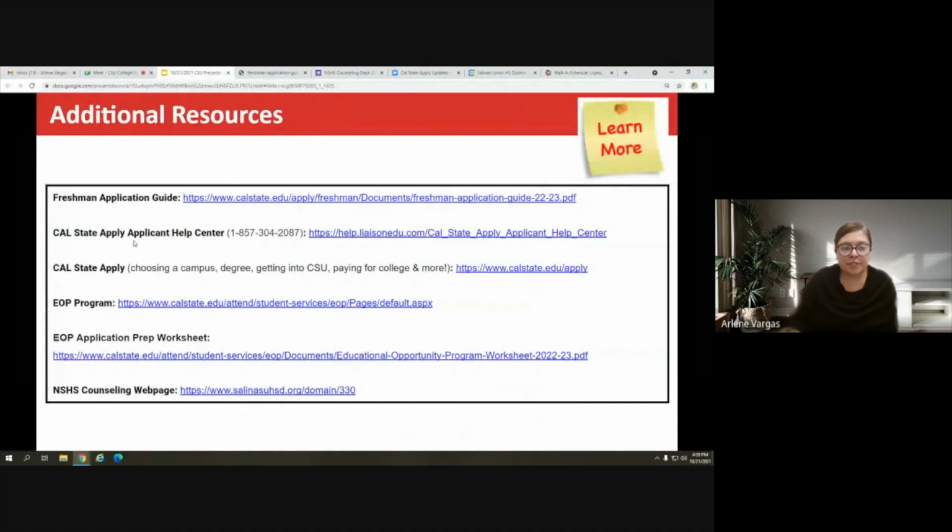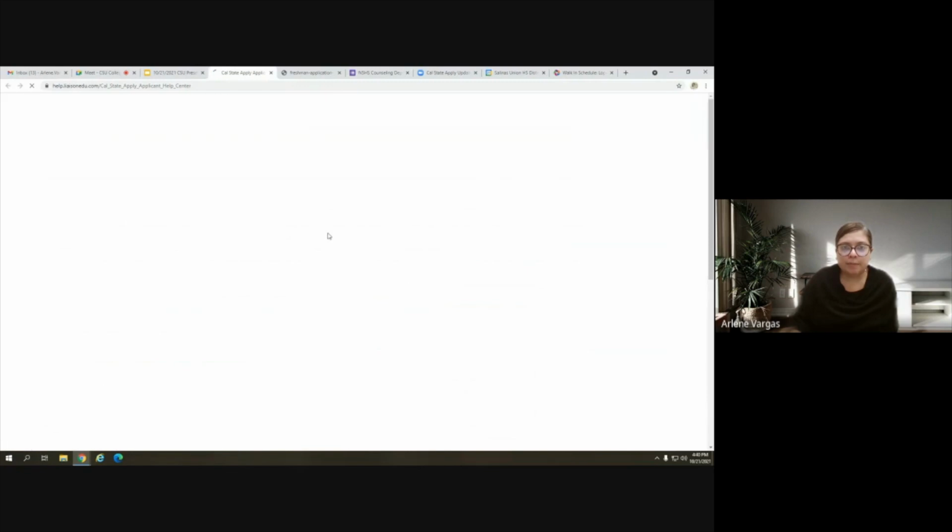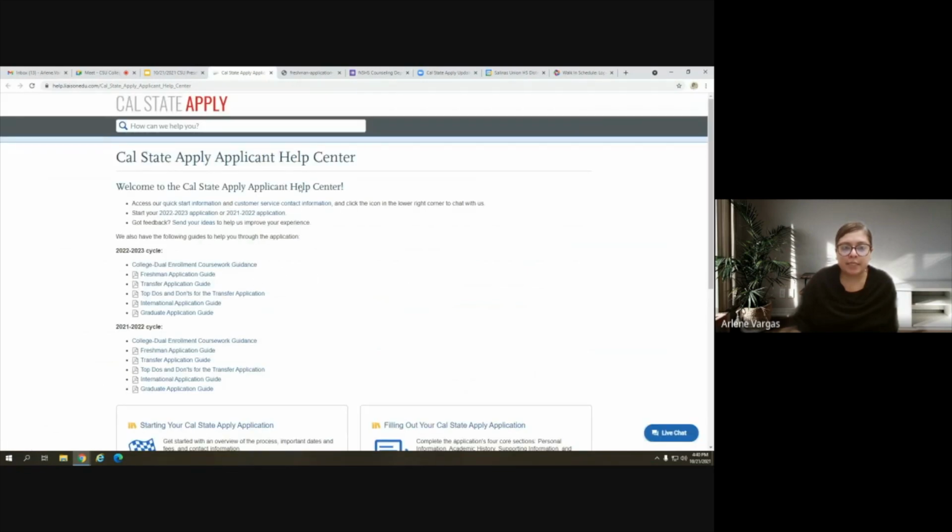There's also the Cal State Apply Applicant Help Center, and there is a section here with a lot of different information. The freshman application guide is on there as well. There's also guidance on any college or dual enrollment coursework, if you're not sure how to incorporate that information. There's quite a bit of information, and there's a helpline phone number that you can also call.